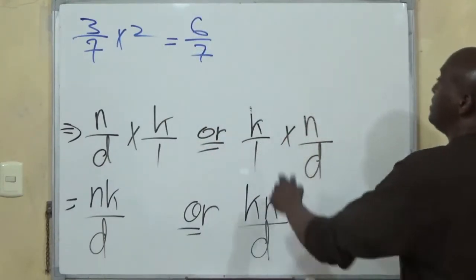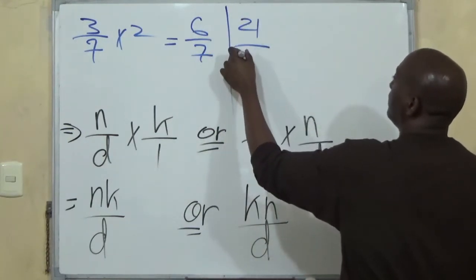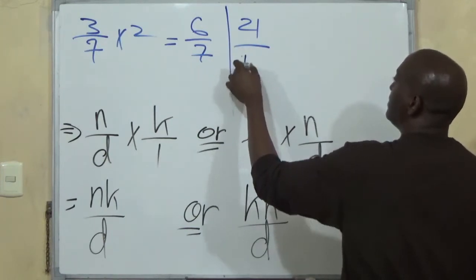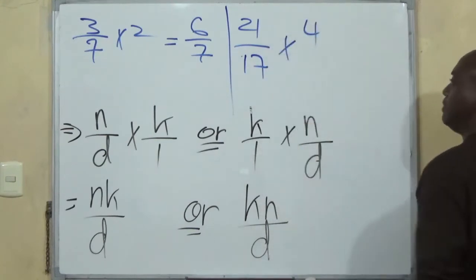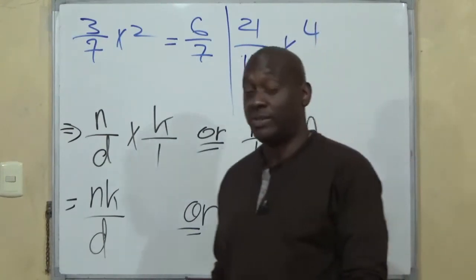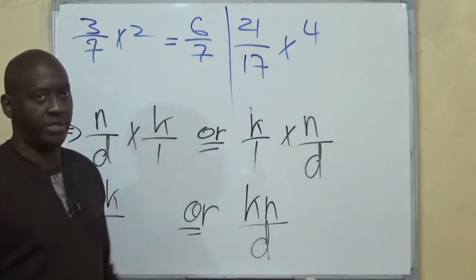Alright? Let me say you have 21 over 17, and you want to multiply that by 4. If you're multiplying 21 over 17 by 4, then all you do is multiply the numerator by 4.